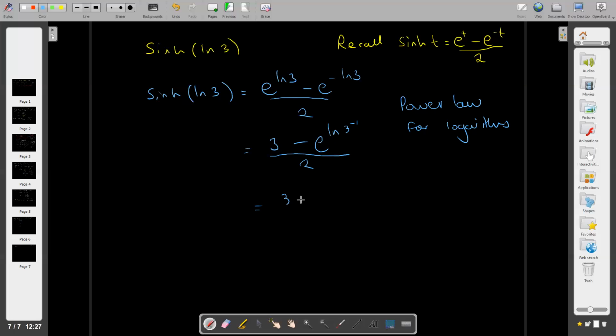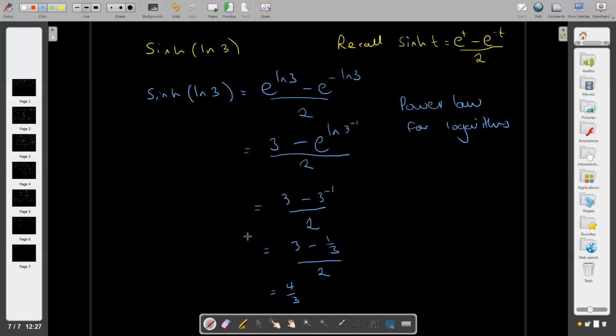So this becomes 3 subtract 3 to the minus 1, over 2, which is really just simple now. 3 to the minus 1 is a third, so 3 subtract 1/3, all divided by 2. And if you want to work it out, I believe the answer is 4/3. So the hyperbolic sine of the natural log of 3 is 4/3.